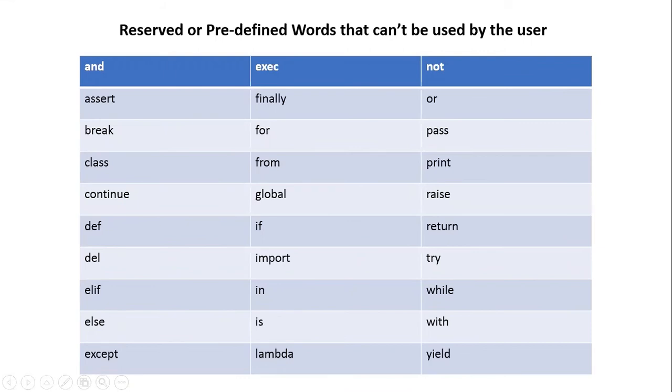These are all inbuilt words that the user can't use. You can't give them as user defined input, right? You don't have to learn all of this. Once you start doing Python programming, you'll understand what these things stand for, right?